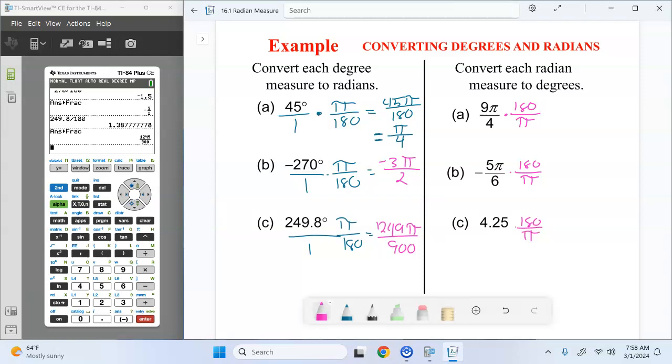So you have to pay attention to whether or not you need to round. But when I do 9 pi times 180 over 4 pi, the pi's will reduce and cancel out.